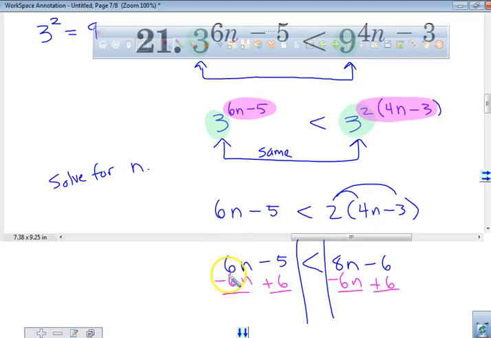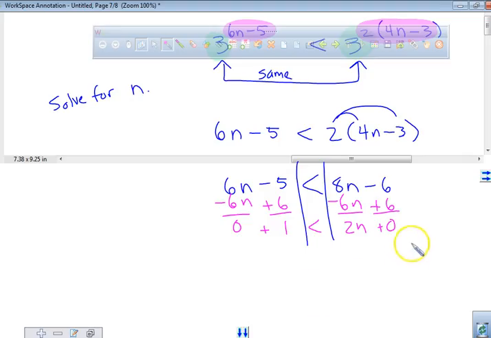So we're going to go around and see what happens. I have a 6n minus 6n. That's a whole lot of nothing. I've got a negative 5 plus a 6. That's a 1, which is less than an 8n minus a 6n, which is a 2n. And here that just zeroes out. We have 1 is less than 2n.